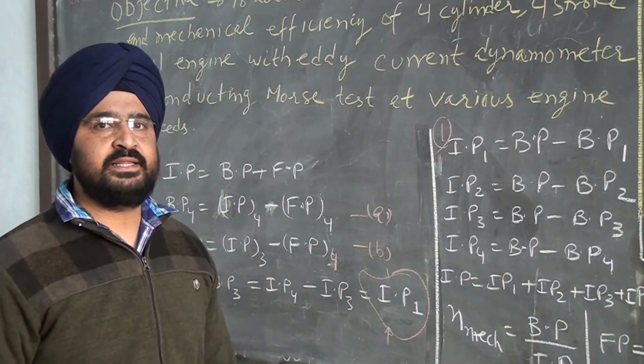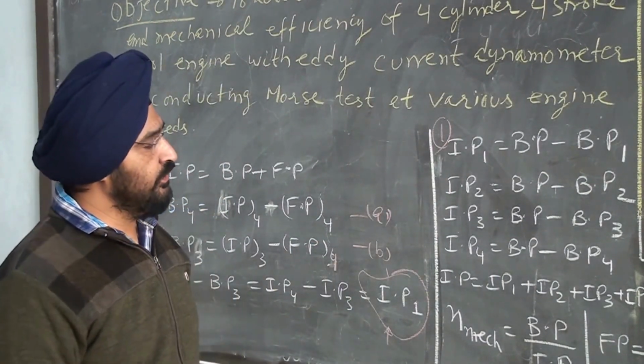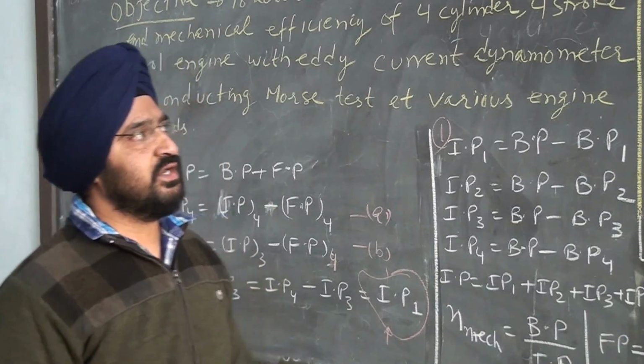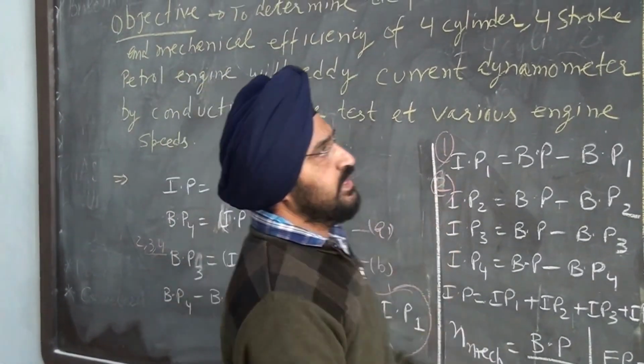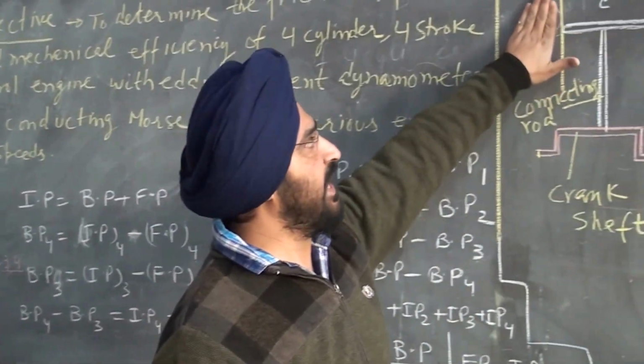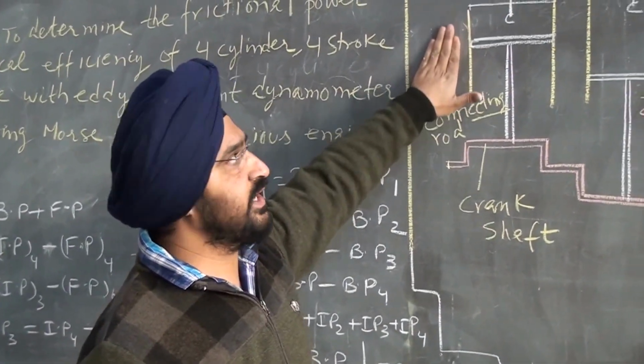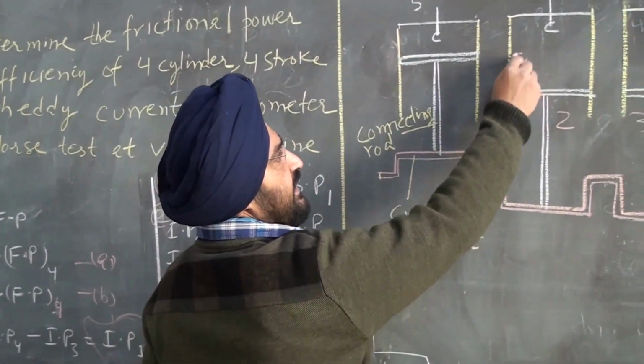Now similarly, in the same fashion, we are going to cut off the other cylinders. Let's say we cut off the second cylinder. Coming back to the diagram, we cut off this cylinder.